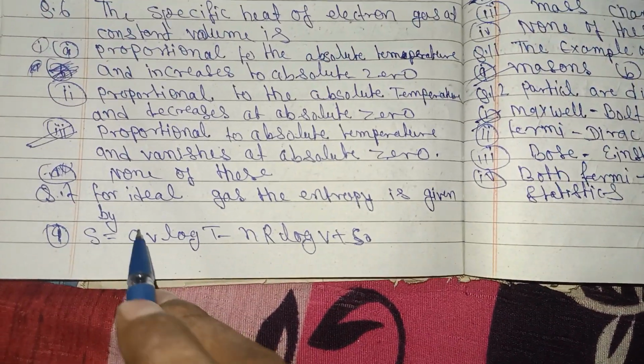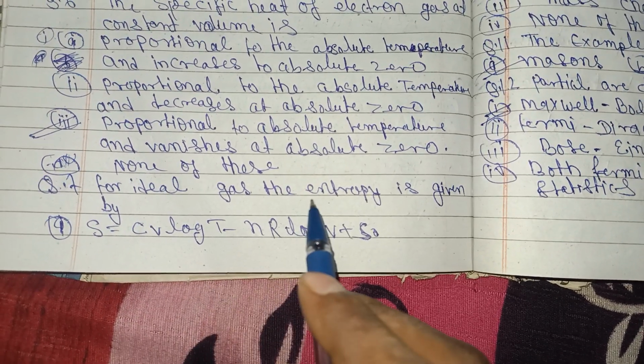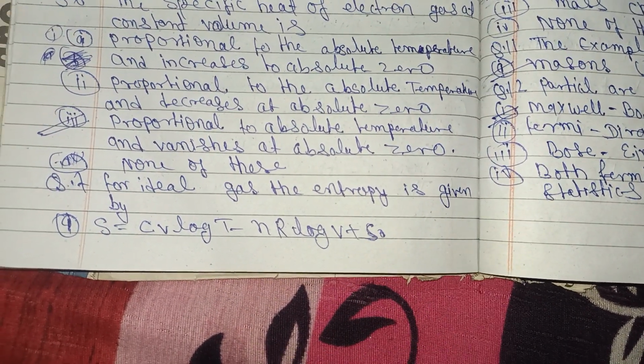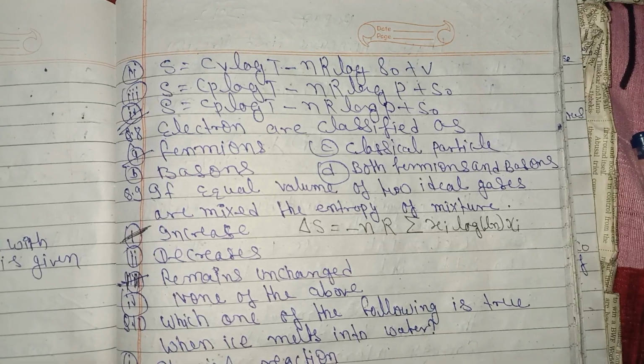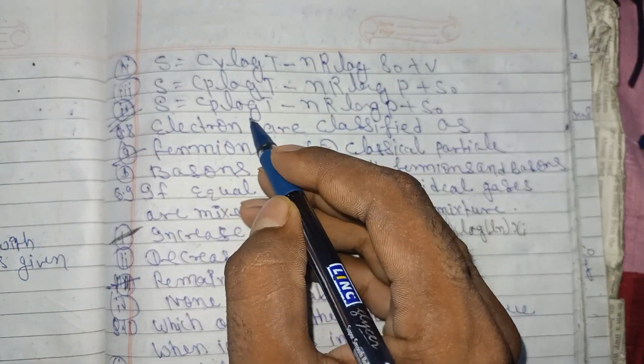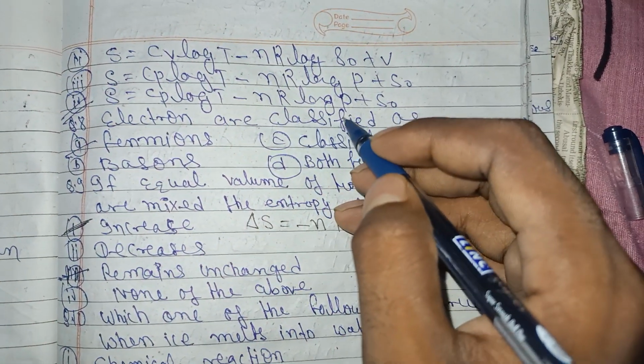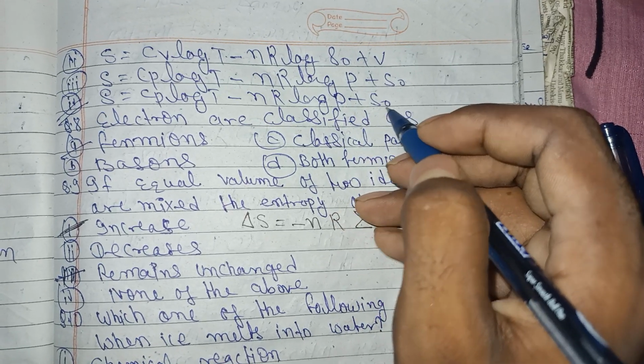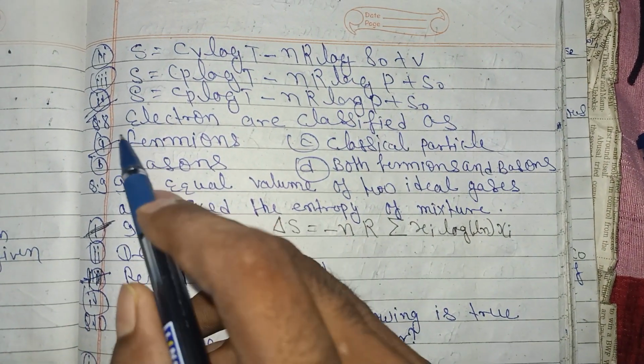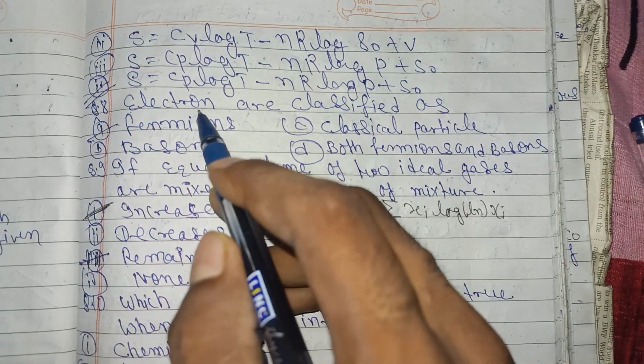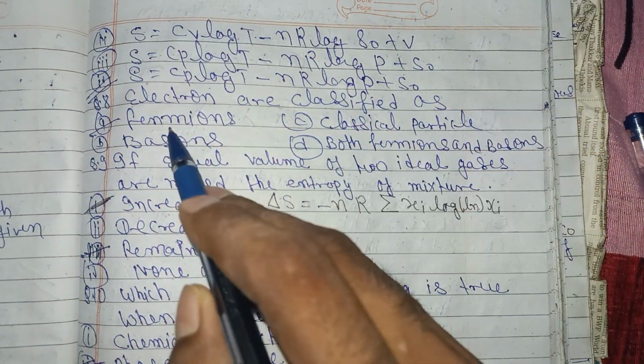Question number 7: for an ideal gas, the entropy is given by S equals Cp log T minus N r log P plus S0. And question number 8: electrons are classified as fermions.